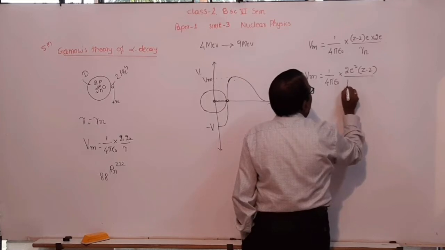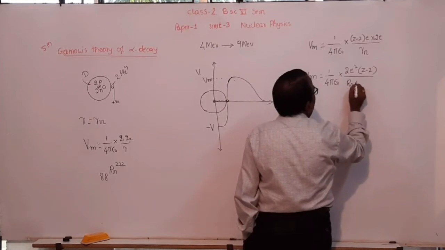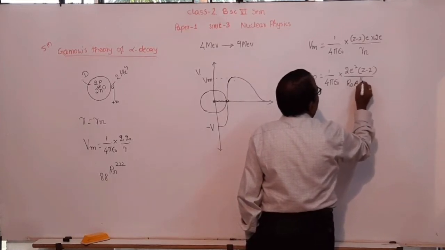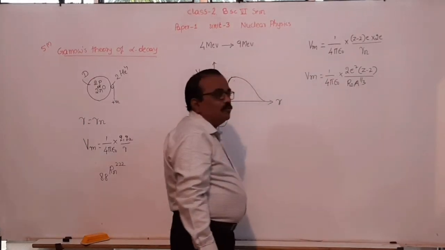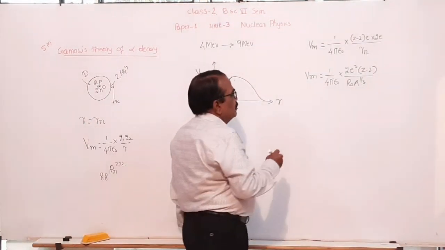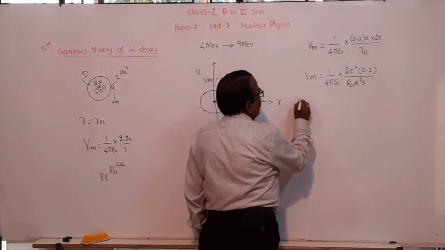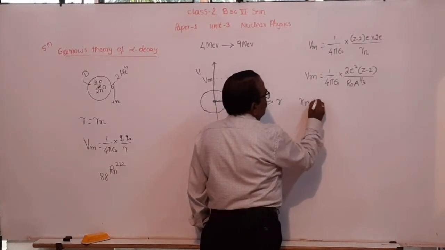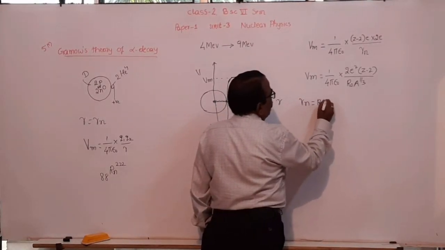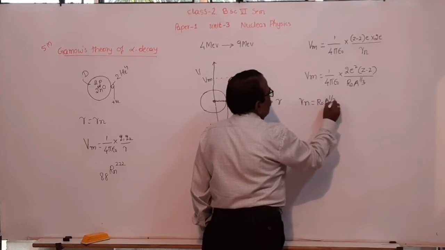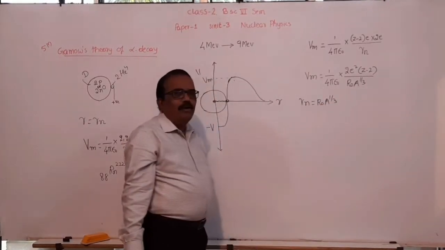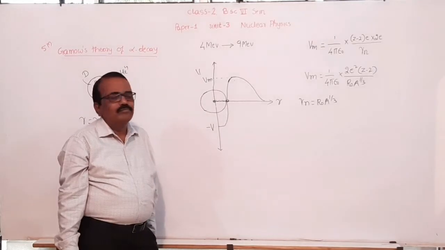Rn can be written as R0 A raised to 1 by 3. So nuclear size was given by Rn is equal to R0 A raised to 1 by 3. Here R0 is a constant.